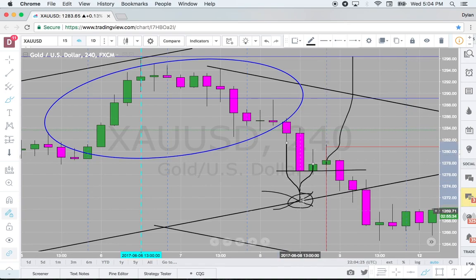But it didn't give retail traders enough time to buy in this area to make profit. It spiked down very fast, most likely in a news event, and then came up and consolidated in this area.